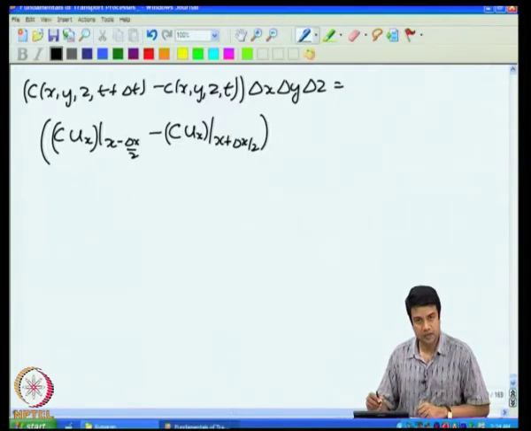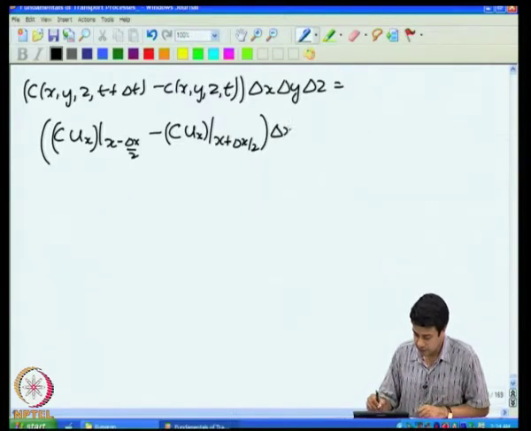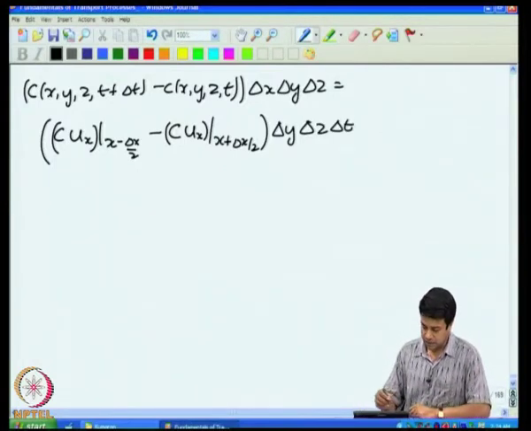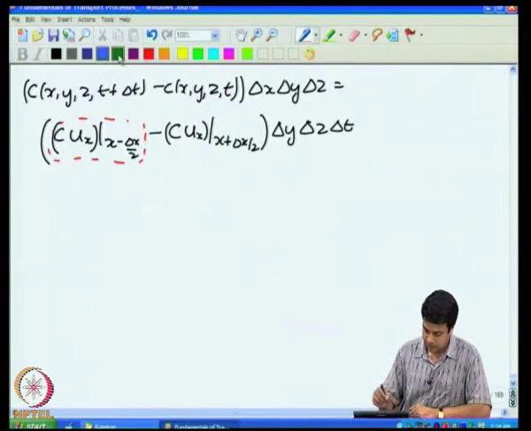For the front and back faces, the area is delta y delta z, delta t. Okay. Note that the first term here was the mass that came in. This was the mass in, and the second term here is the mass that is leaving this differential volume.